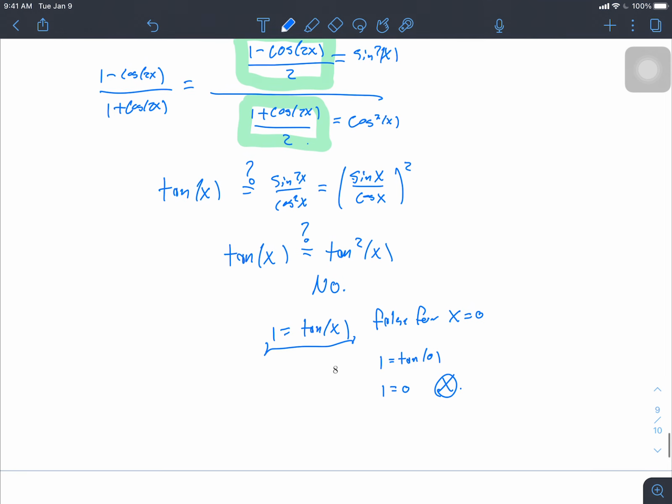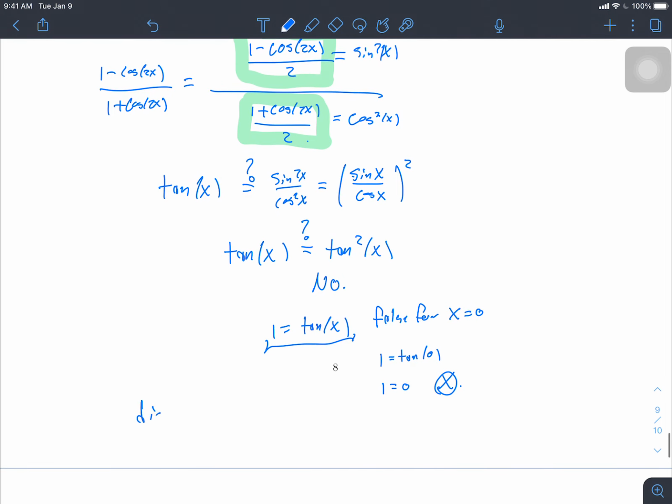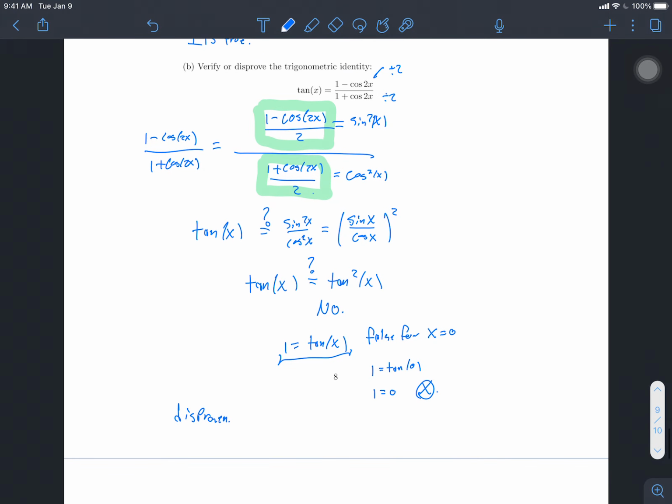Okay, so this is how we disprove. We just need to find one value of x such that the identity isn't true for it. So kind of a clever way of rearranging. There's probably other ways to do this problem as well. There usually are, but this seems like the most simple approach to me.